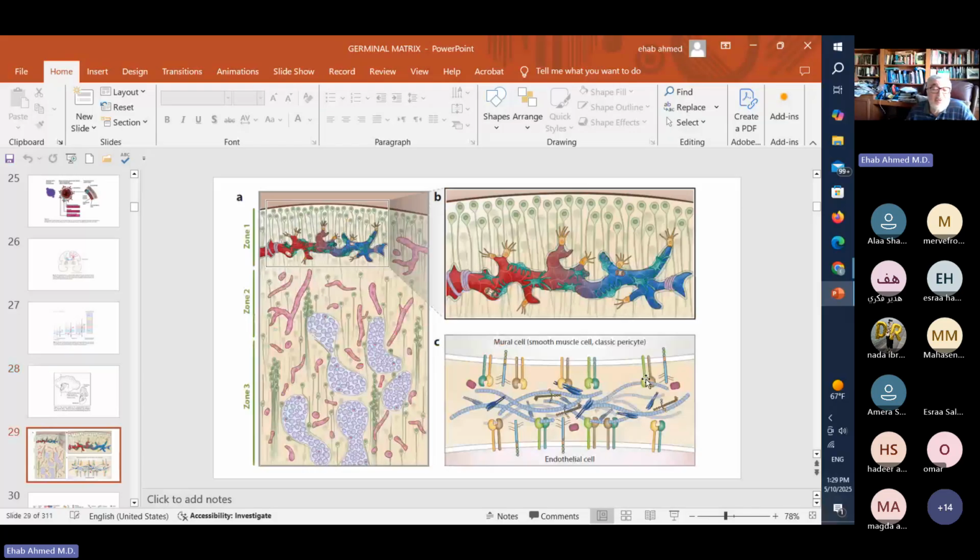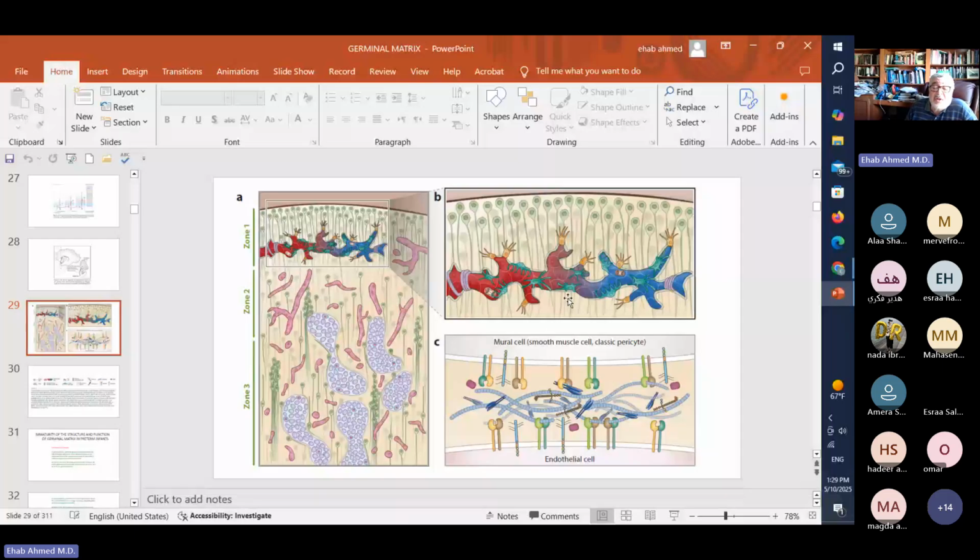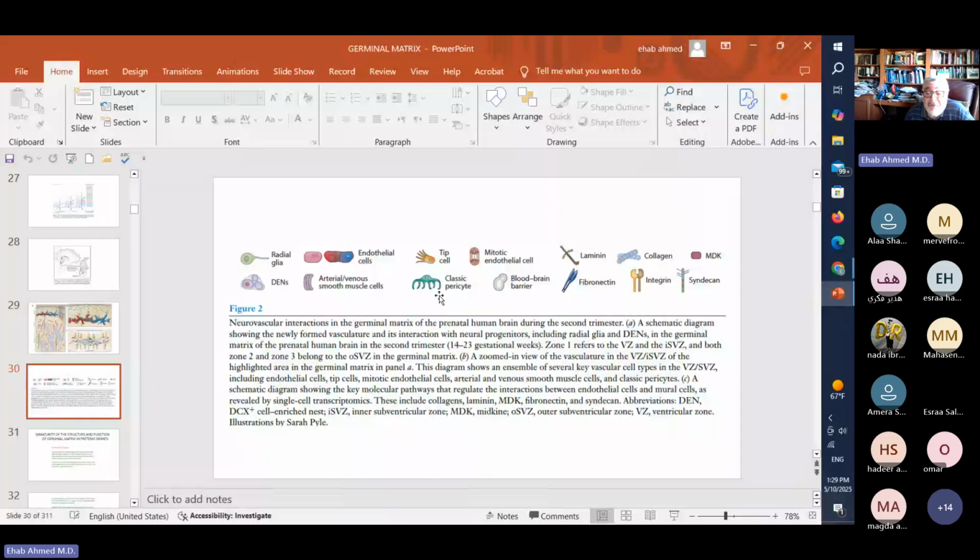This is a more sophisticated structure with its cellular structure. We don't need to go into these details, but it shows you the interaction between the germinal matrix structure, function, immune function, and inflammatory and pro-inflammatory issues, because GM-IVH is not just bleeding, it's a multifactorial issue associated with inflammatory and immune problems.